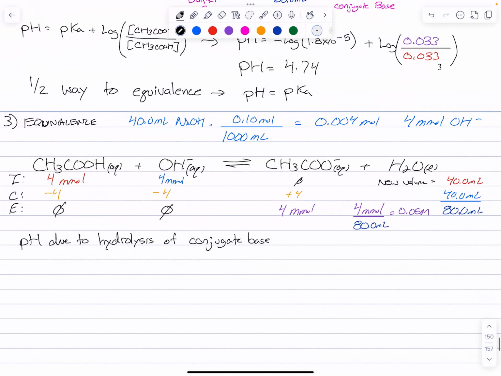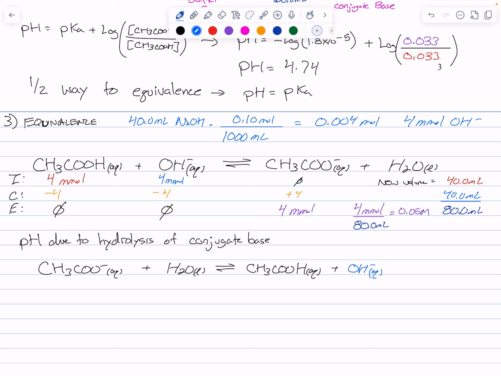So our acetate plus water, we are going to make acetic acid and hydroxide again. Because of how this system works, we're going to make some hydroxide.